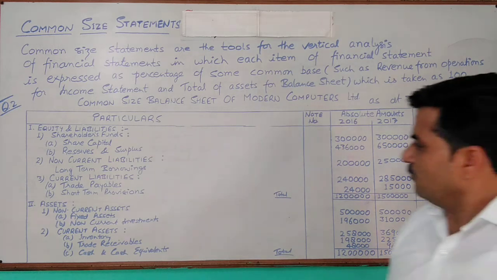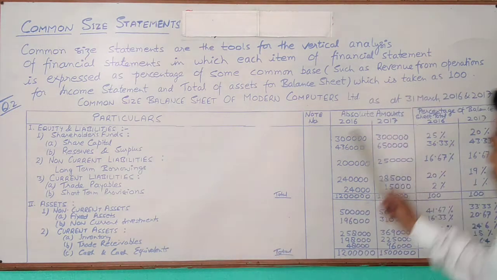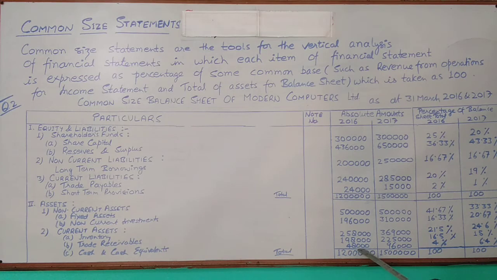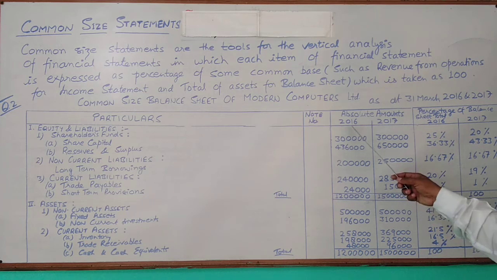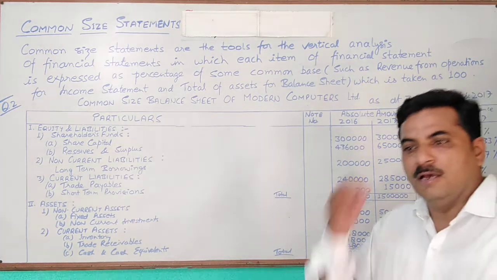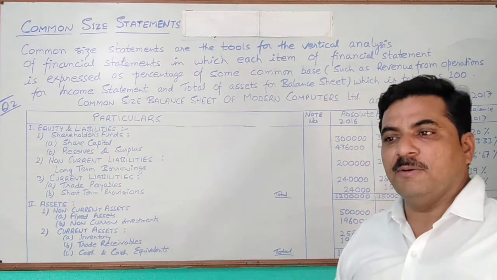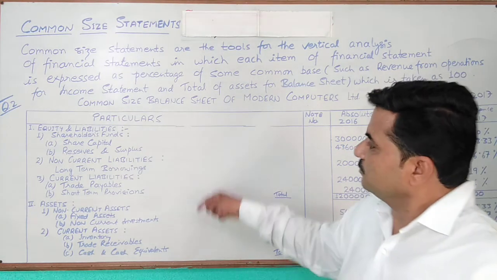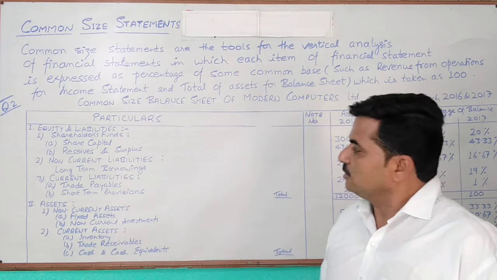And in the last we have cash and cash equivalents for the year 2016 rupees 48,000 and for the year 2017 96,000. So the total becomes the same, rupees 12 lakh in the year 2016 and rupees 15 lakh in the year 2017. And now in common size balance sheet we have to compare every item with the total of the balance sheet for the same year.